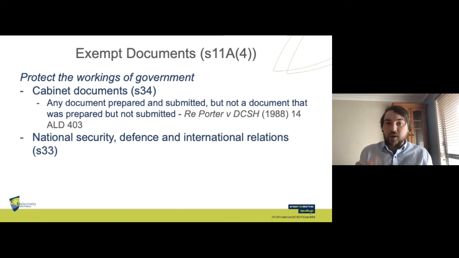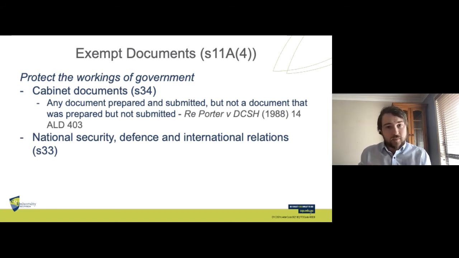Debates and policy discussions about how Australia should deal with or relate to other countries, what our policies should be, how we should react to international developments, all of that is exempt as well to protect Australia's international reputation.